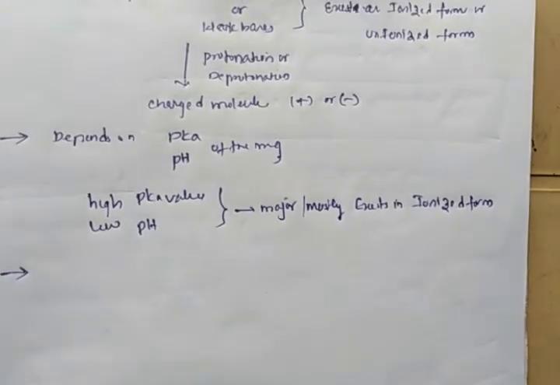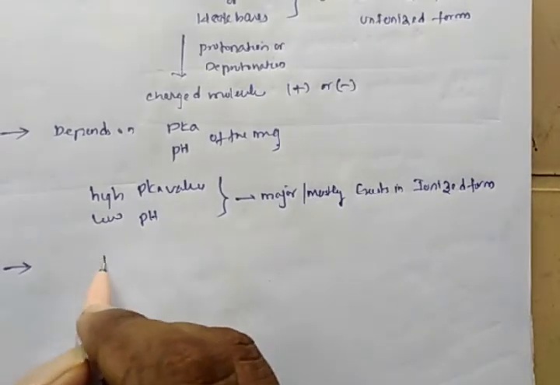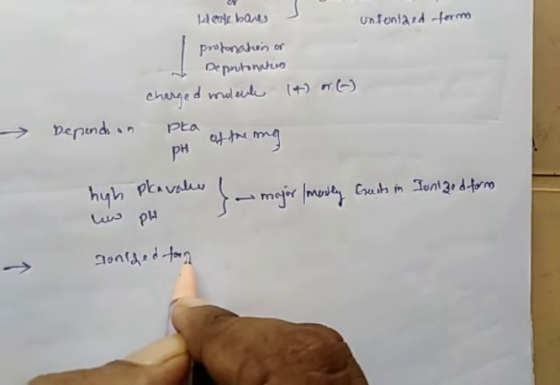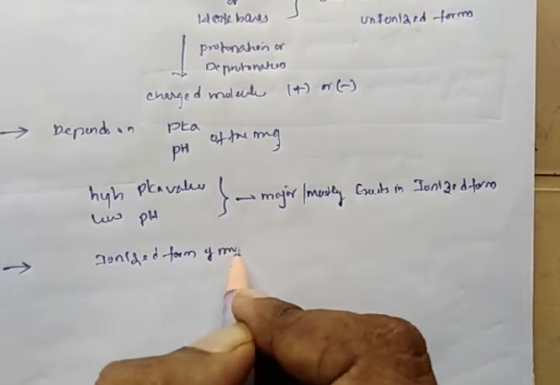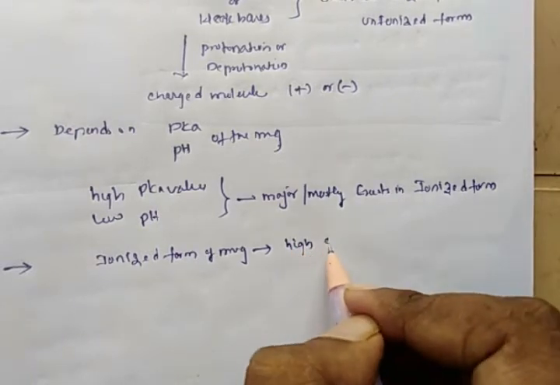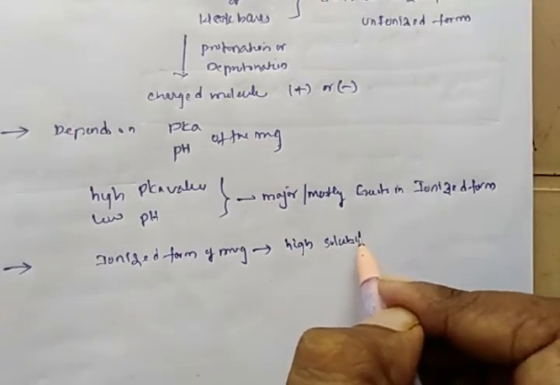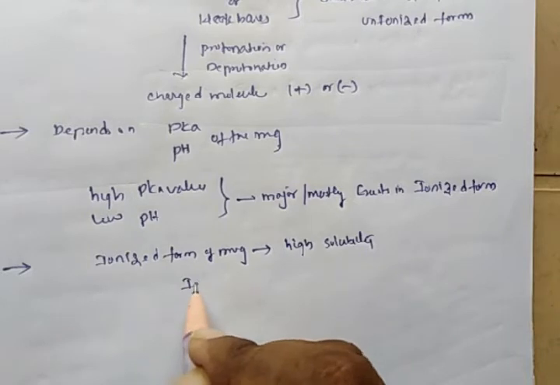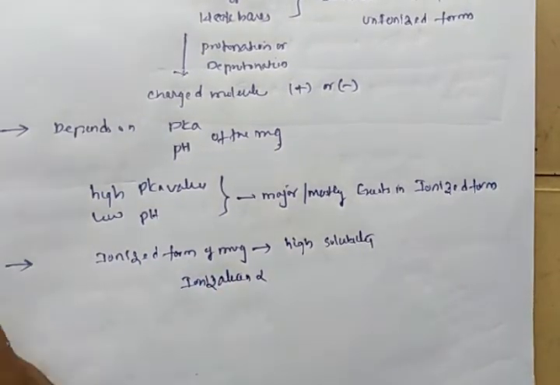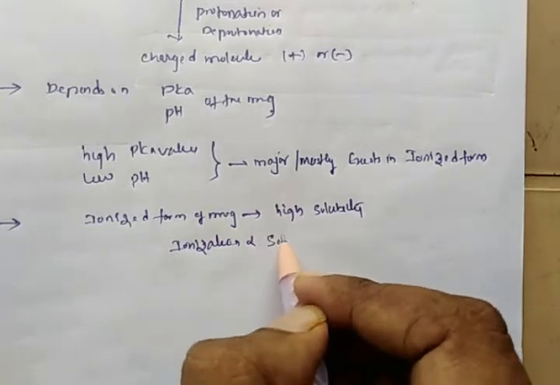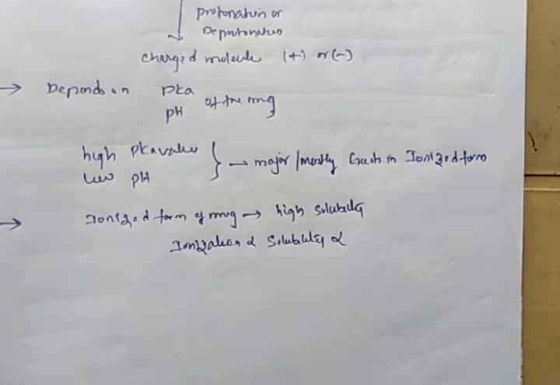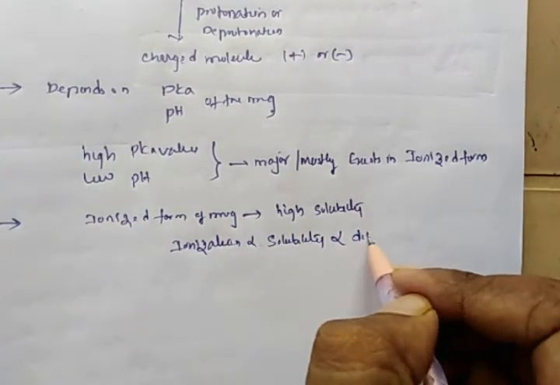If the drug undergoes more ionization, the ionized form of the drug has high water solubility. Ionization is directly proportional to the solubility.